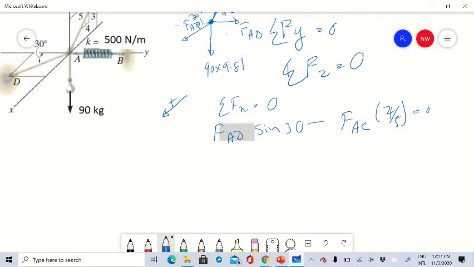So if I take this as my positive y direction, you should always mark which direction is positive, right.